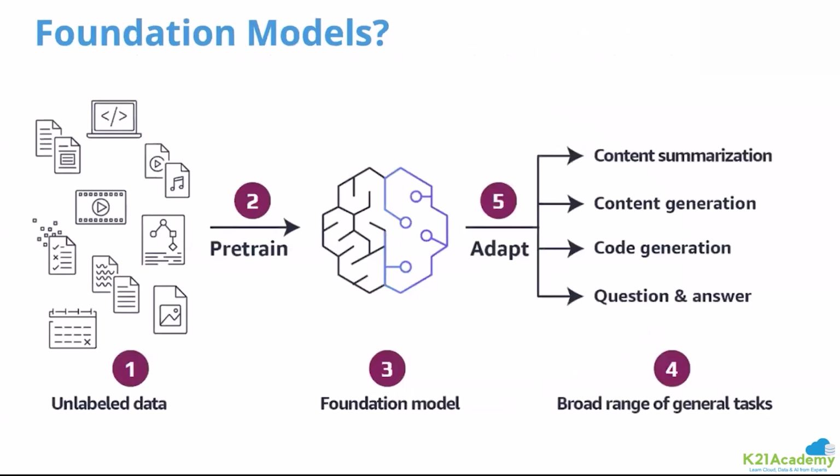Going back, this is how foundation models really work as a structure. You give a huge amount of unlabeled data. Whenever you're trying to create and build something with a foundation model, there are different types of data: labeled data and unlabeled data.